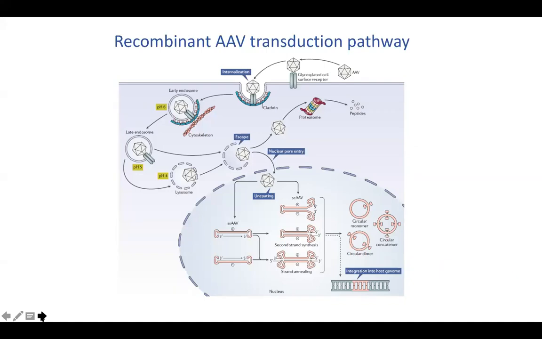And then it is usually deposited into the nucleus, where this virus can then, depending on its nature, whether it's a single strand or something we call self-complementary, it forms its own circular episome, and it can then continue to deliver the missing transgene.